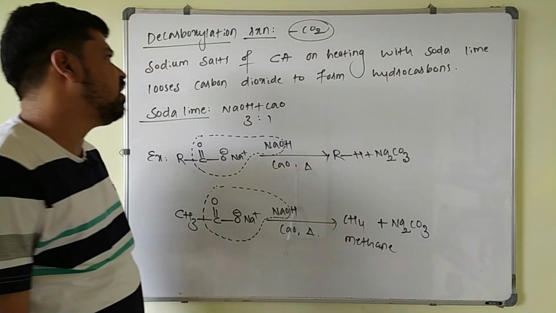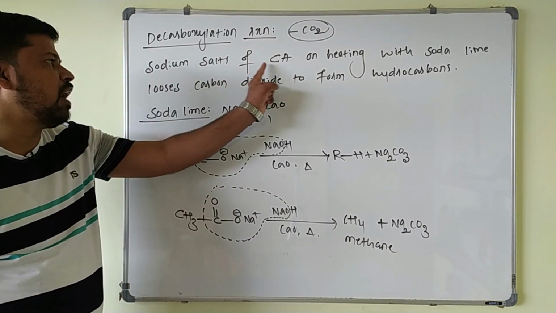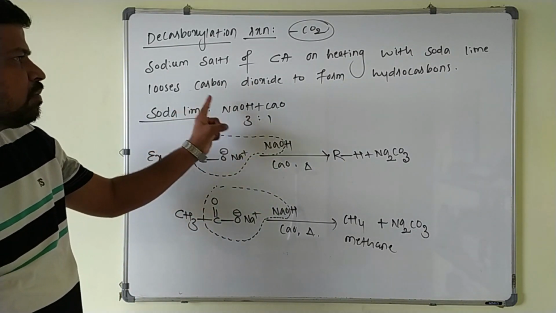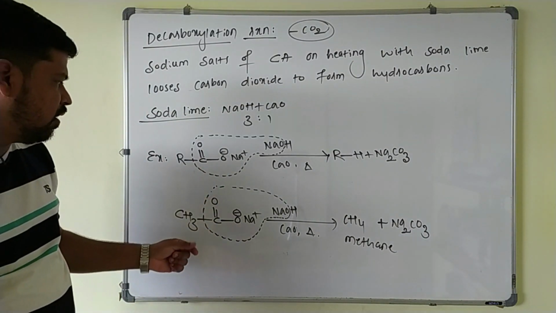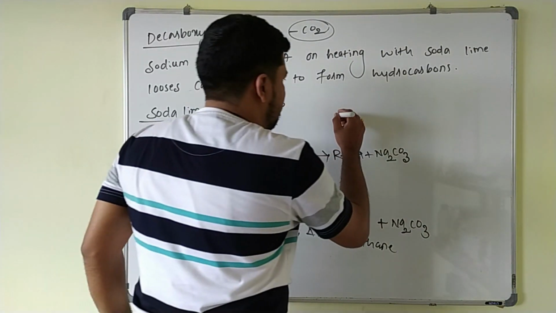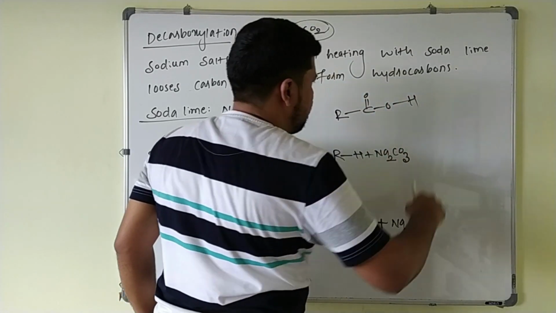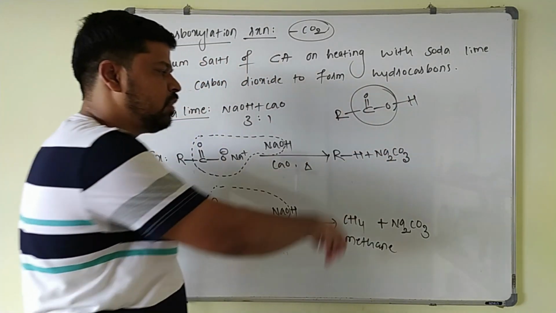So this is decarboxylation reaction, that is sodium salts of carboxylic acid just on heating with soda lime will form what? Hydrocarbons just by losing CO2 molecule. In this case, here acid is there, RCOOH, completely this CO2 molecule is lost here, hydrogen is connected to this one.